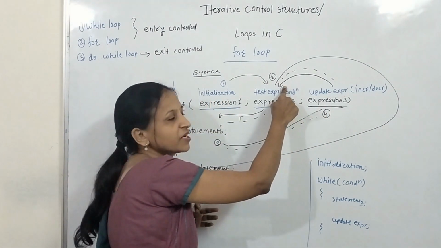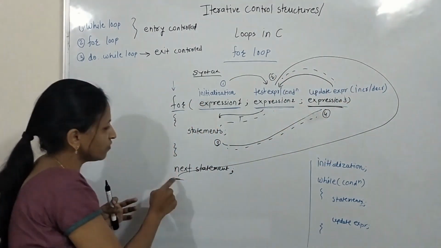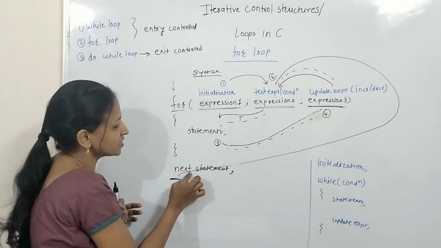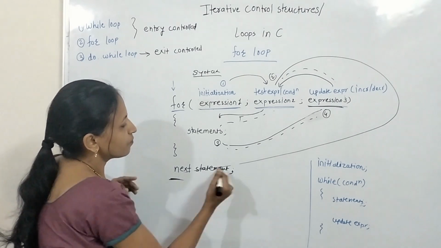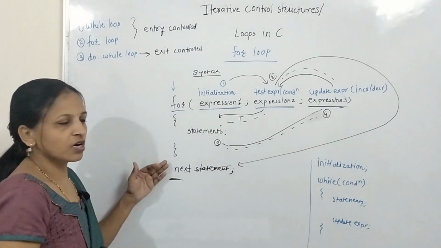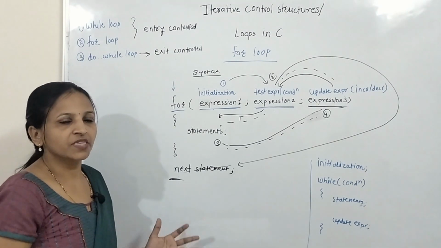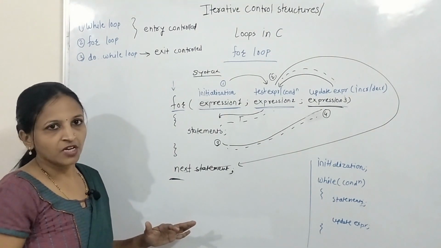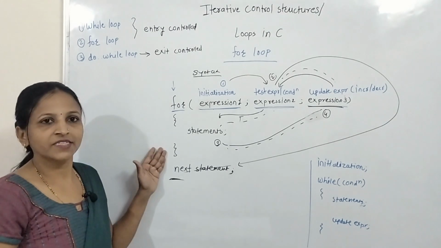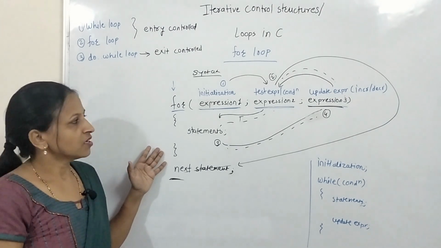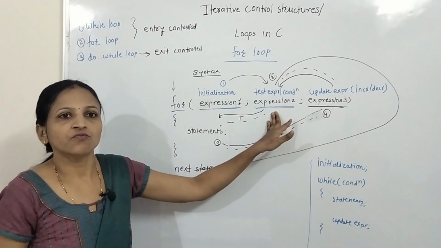Whenever the condition becomes false, the control automatically comes here to execute the next statement after the for loop block, whatever statement may be there. It means the for loop execution stops whenever the condition is false.